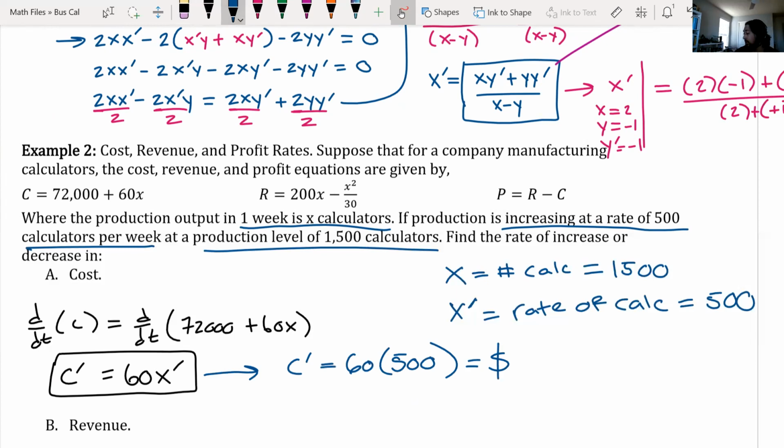And that's going to give me, is that 30,000? Yes. $30,000. So what this is telling us is that if we make 500 calculators per week, the cost is going to increase by $30,000.